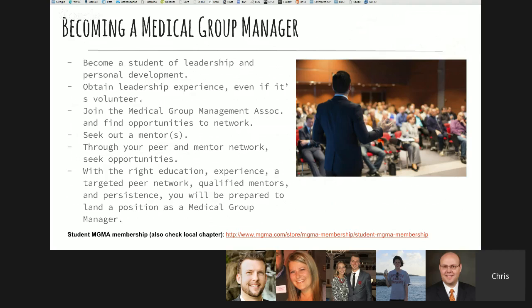So with being a student of leadership and having the right education background, and having a focus in the direction you want to go, and having the experience and having your targeted peer network, and finding those mentors that are aligned with your goals, and with a lot of persistence and hustle, you should have the opportunity to progress into that position through your experience and become a medical group manager yourself.